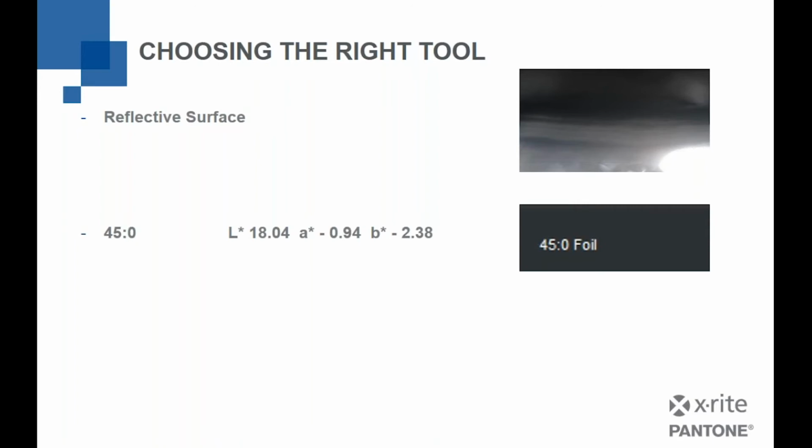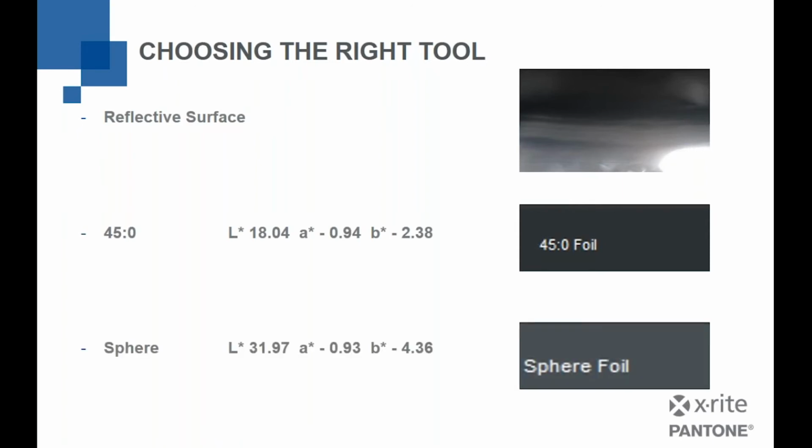The L value is 18. That's pretty low. The A and the B are both fairly close to 0, which means it's really neutral, right? It doesn't have a reddish cast or a greenish cast or anything to it. It's a pretty neutral, pretty close to black color if I measure it with a 45-0.